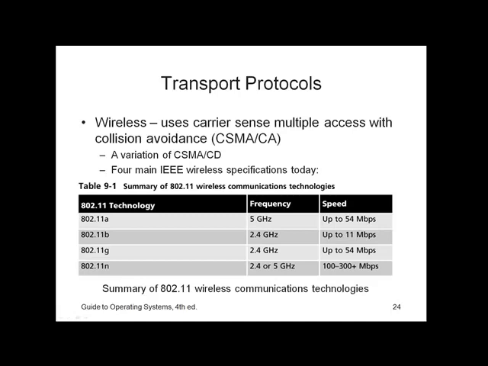And then the newest member of the wireless family, the 802.11n, uses either 2.4 or 5 GHz for its frequency and can send anywhere from 100 to 300 megabits per second.